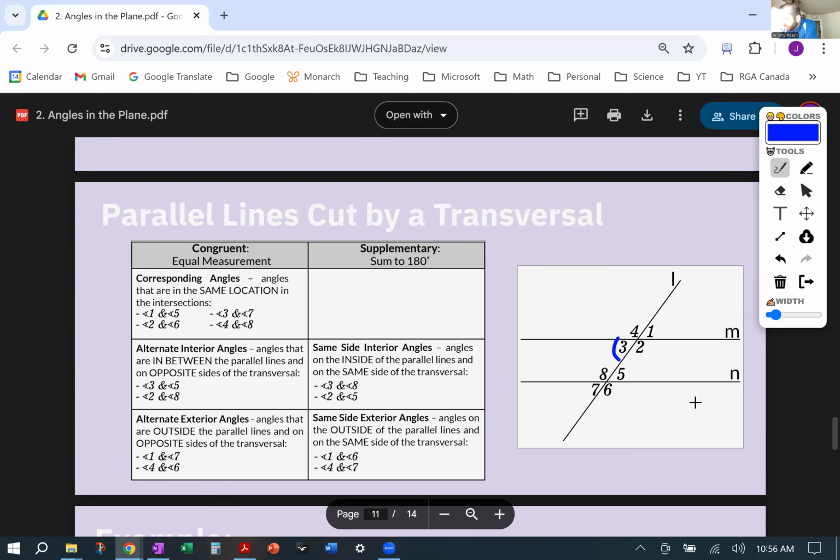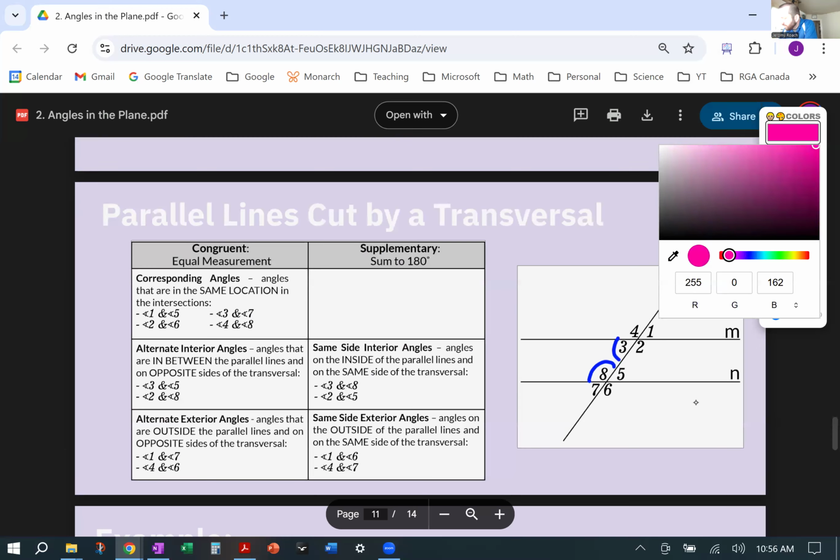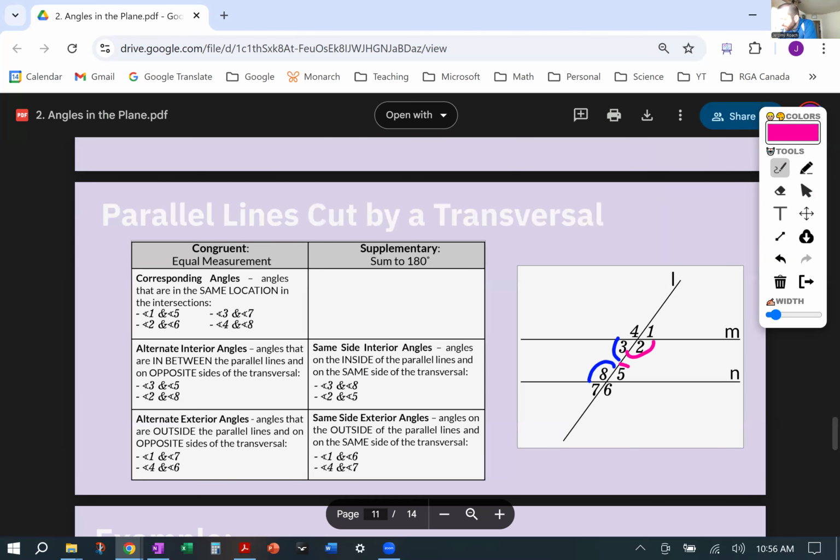So 3 and 8. Those are on the same side. They're on the inside of the parallel lines, and they add up to 180 degrees. These are on the same side, and they add up to 180 degrees. So those are same side interior angles.